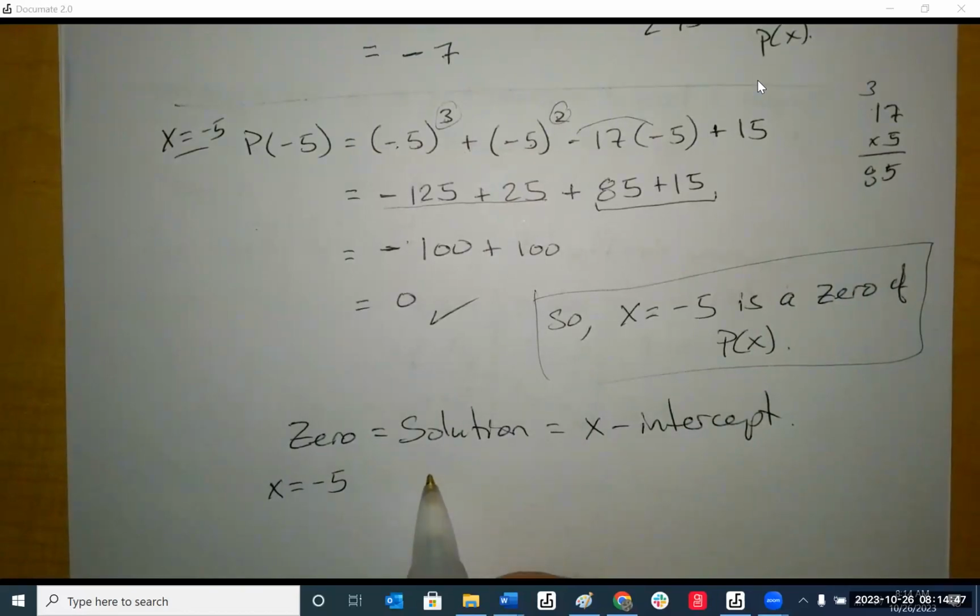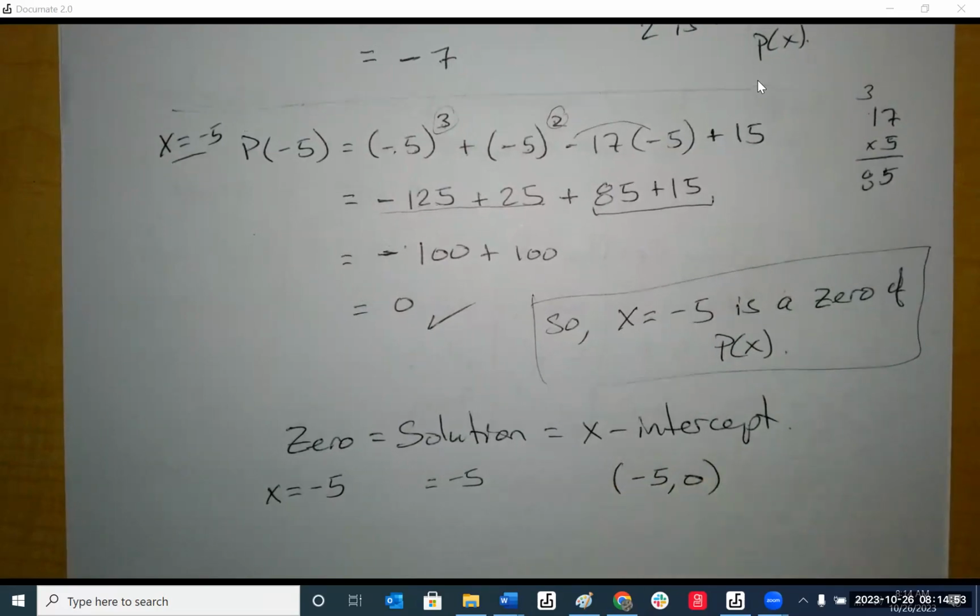The solution is negative 5. And the x-intercept is negative 5 comma 0. That's the whole purpose of what we're looking for here. I'm giving you a polynomial, and you have to find the x-intercepts.